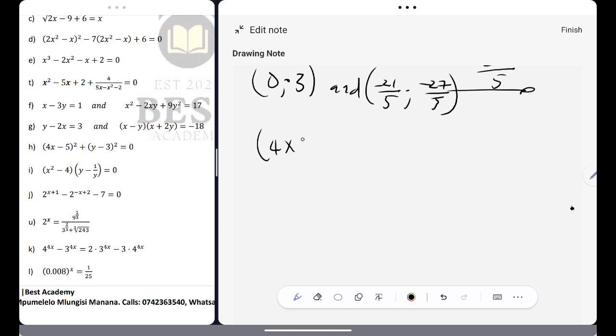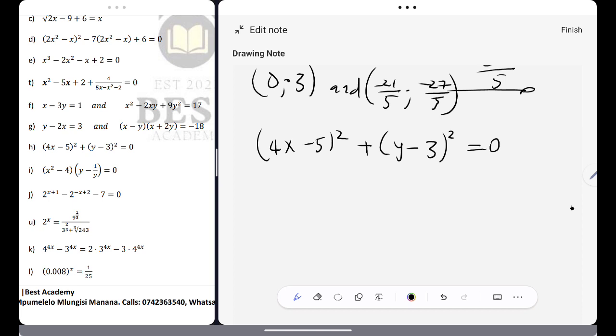Okay, another one. I have (4x minus 5) all squared plus (y minus 3) all squared is equal to 0. In this case, I'm supposed to solve for both x and y. How can I do so?